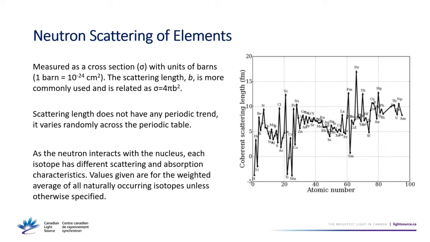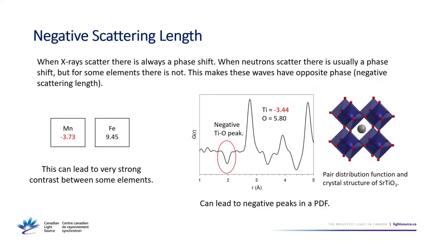Generally the tabulated values are for the weighted average of the natural abundance. But if you intentionally use a different isotopic composition, you'll get a different scattering factor, and that can be useful in certain cases, as you'll see. Another important point, which I think has been mentioned briefly in a few other talks, is that this actually goes below 0 and you can get negative ones. I'll talk more about that in a second.